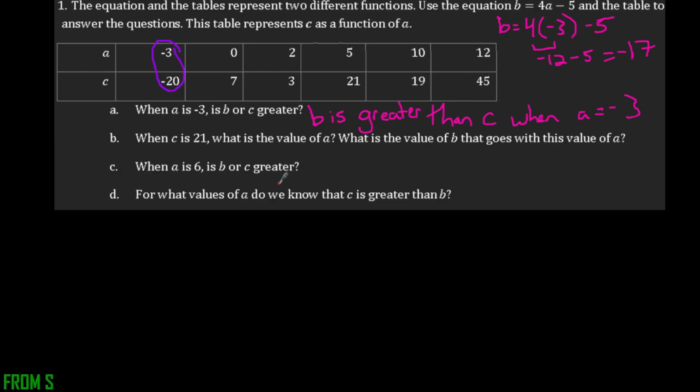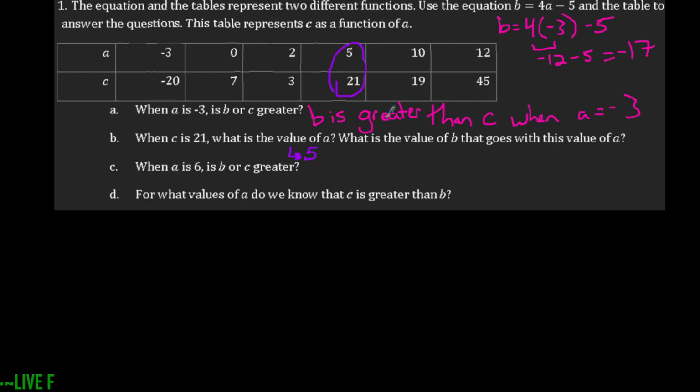For the second one, it says when c is 21, what is the value of a? Well, we can find that by circling it right here. So c is 21. That means our value of a is going to be 5. And it says, what is the value of b when we have a equals 5?